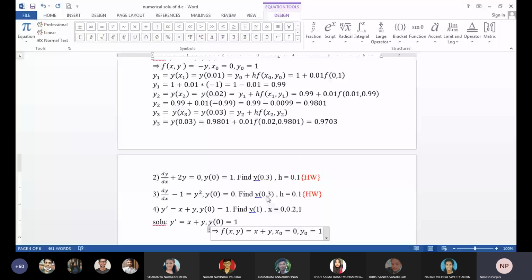Fine. Now, what do we have to find out here? See, I have to find out y1. And what is x given? X is given as 0, 0.2 and 1. So what is my h? Can anyone tell me what is my h in this case?